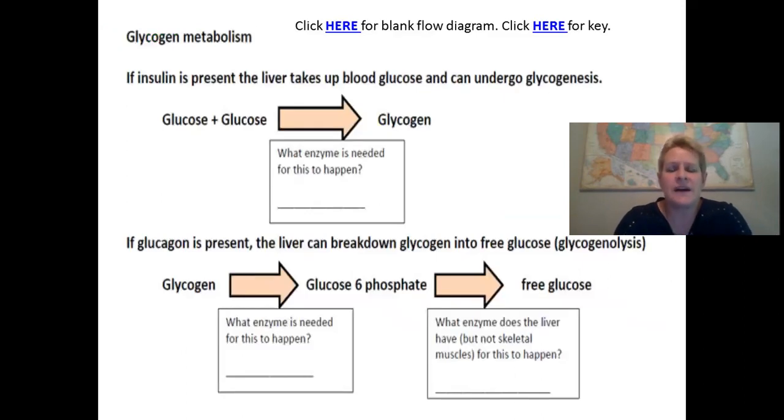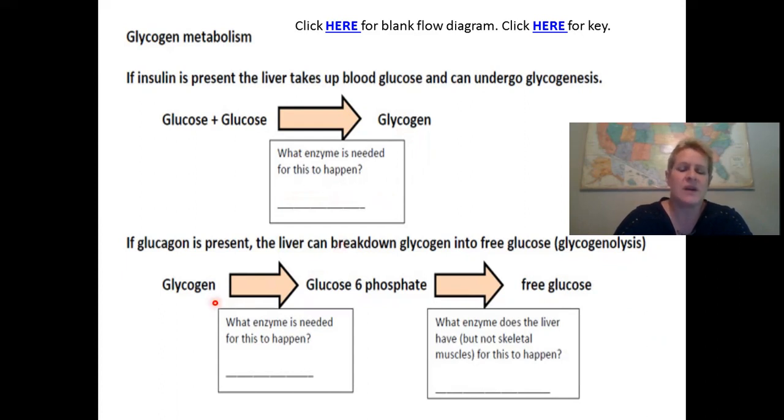Okay, so I provided on your syllabus, the online syllabus, a blank flow diagram for glucose and glycogen metabolism and the key. So knowing that glucose is turned into glycogen is a process called glycogenesis. Do you remember the enzyme we just said that synthesizes glycogen? It'll end in ASE. It has the word synthesis in it, and in front of the enzyme, it has the name of the molecule that's being processed. It's glycogen synthase.